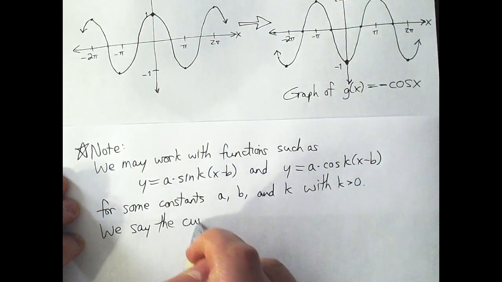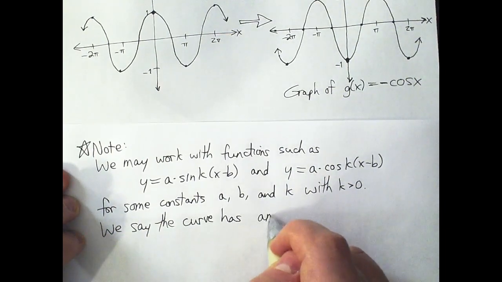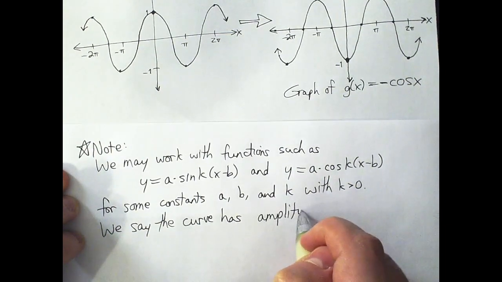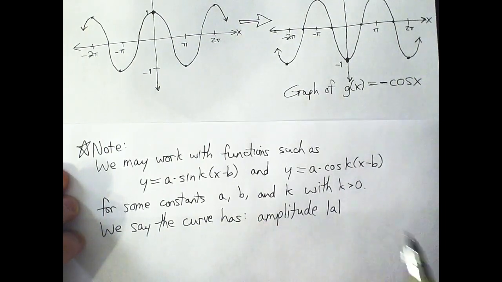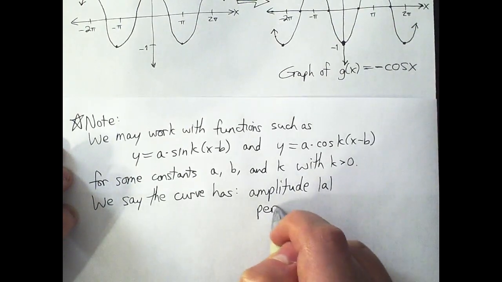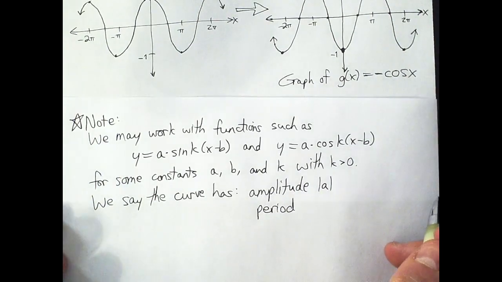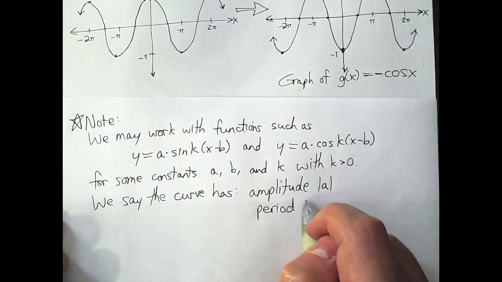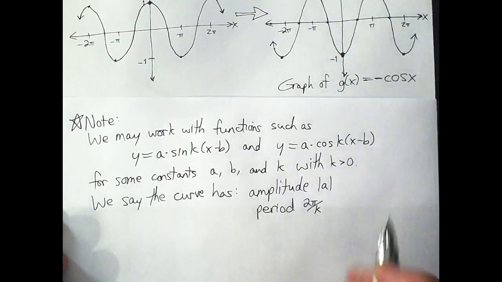Now, when we do this, we say the curve has amplitude, absolute value of a, and period. You know how we said that sine and cosine have a period of 2 pi? The effect of having a k on the inside is it's going to change the period from 2 pi to 2 pi over k.